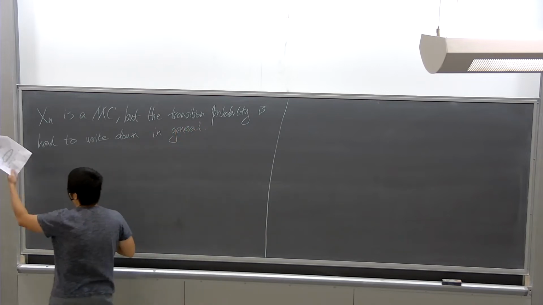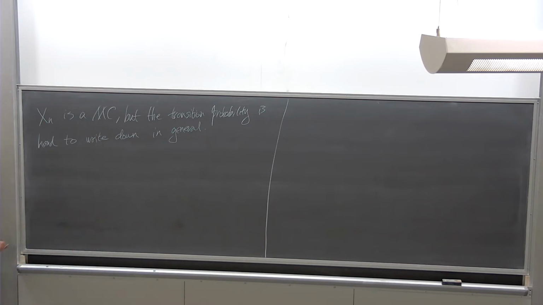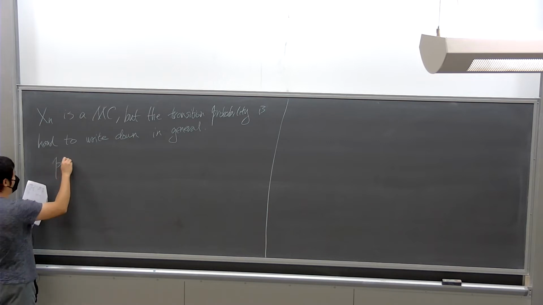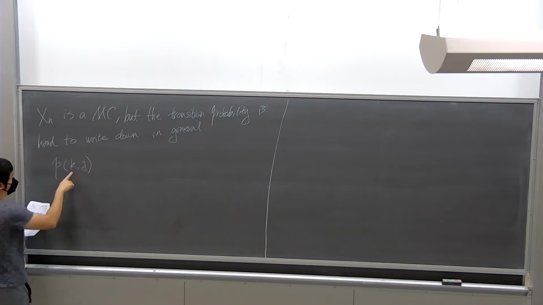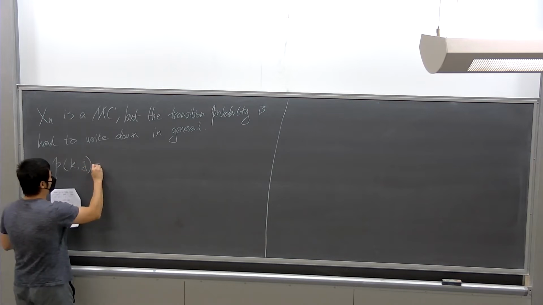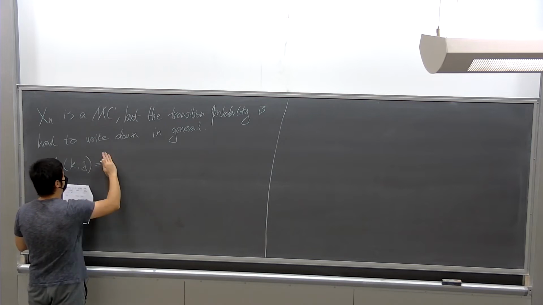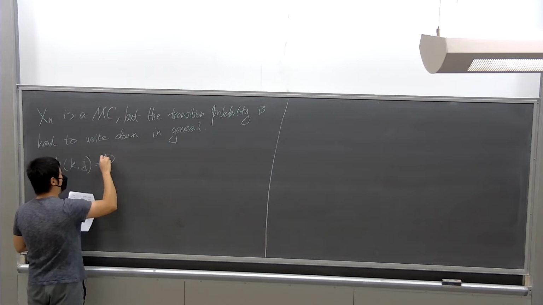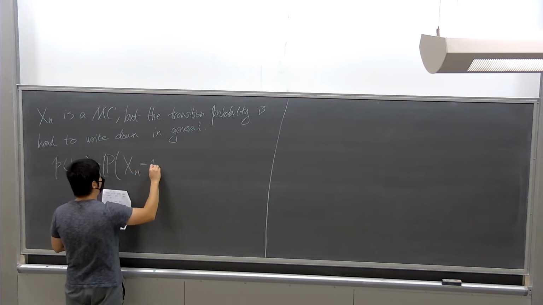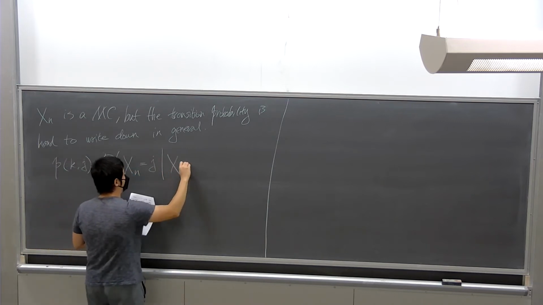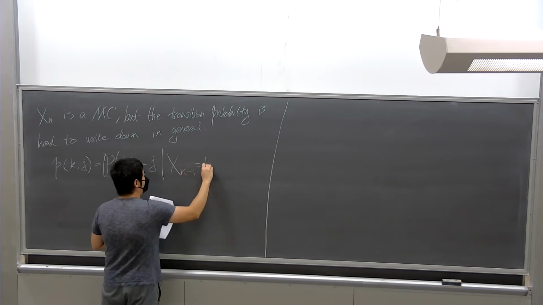Of course, you can choose the p's in some special way so that in general, it could be easy, right? So for example, let's just say P_K,J. So we go from K individuals to J individuals. This would imply that this is the probability that xn here is J, given that xn minus 1 is K, right?